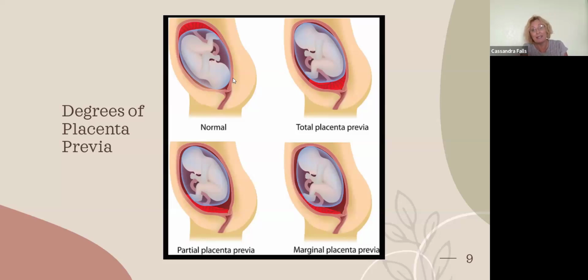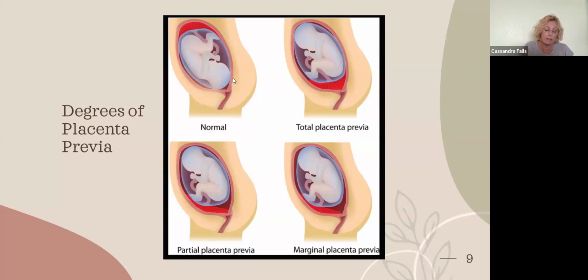But now we can see by ultrasound where that placenta is implanted. So we know to warn our patients that we may say it's a total placenta previa or a marginal placenta previa, so this is what you need to be watching for: bleeding. Those are things that we talk to our patients about.